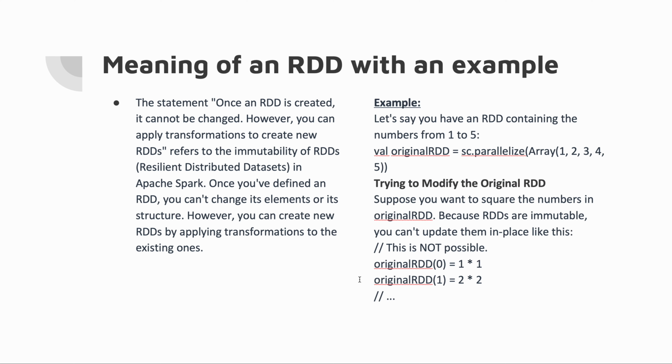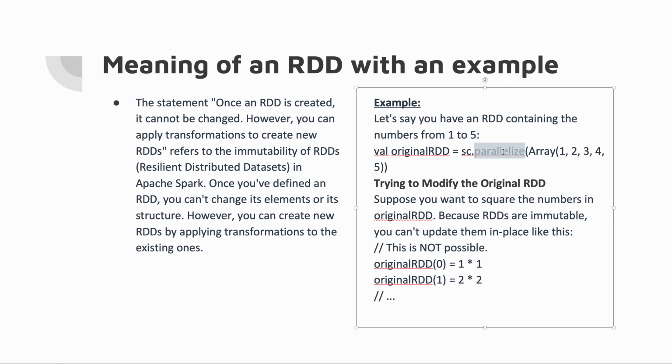What does this mean? The statement refers to the immutability of RDDs in Apache Spark. Once you have defined an RDD, you cannot change its elements or its structure. However, you can create a new RDD by applying transformations to the existing one. So let's take a very simple RDD. This is a sample syntax to create an RDD using Scala.